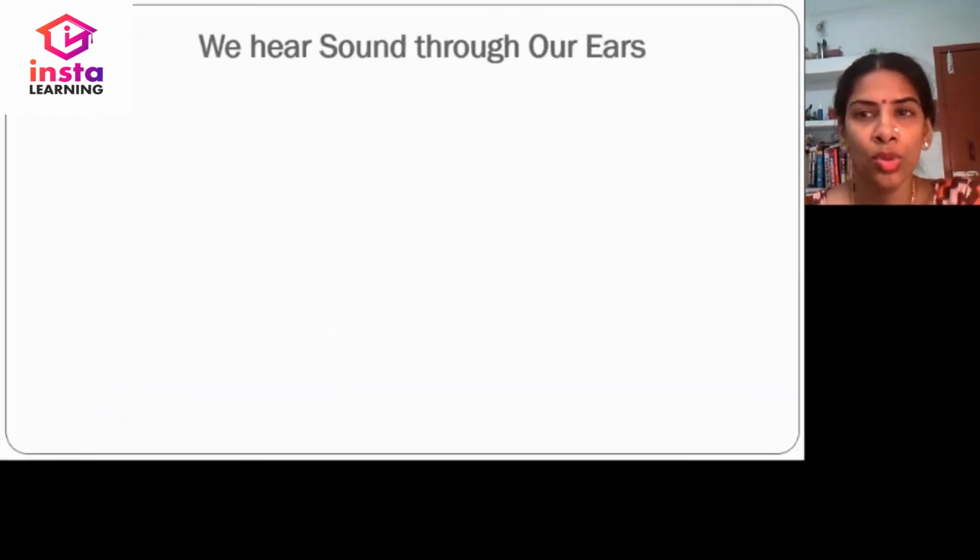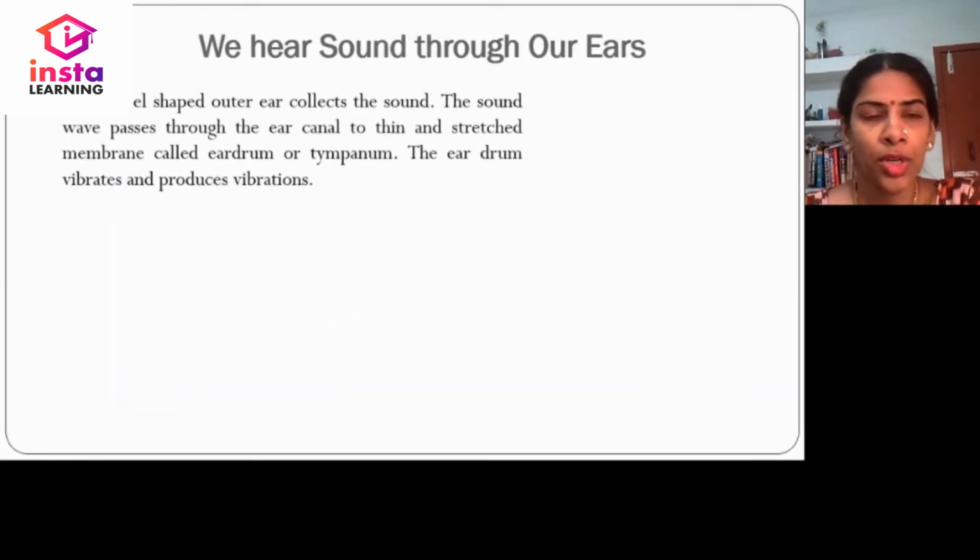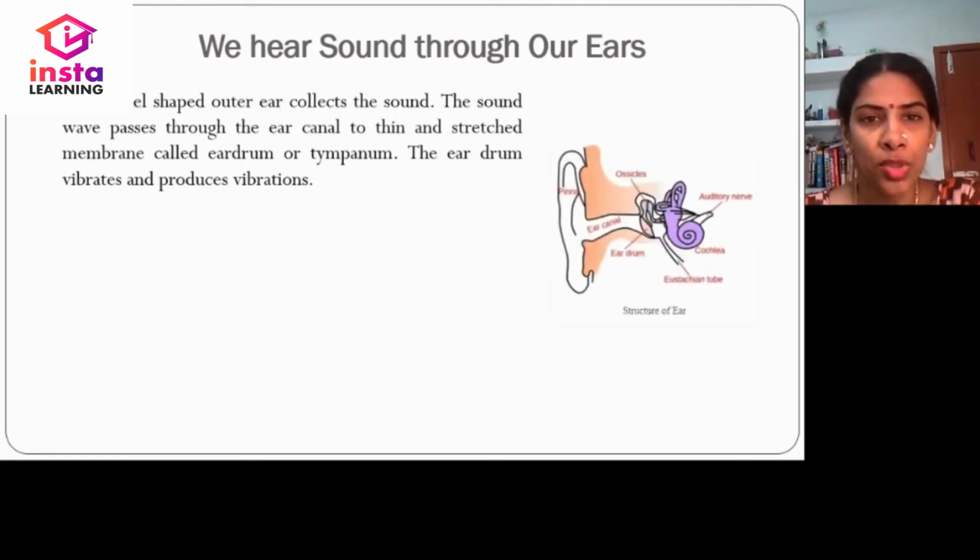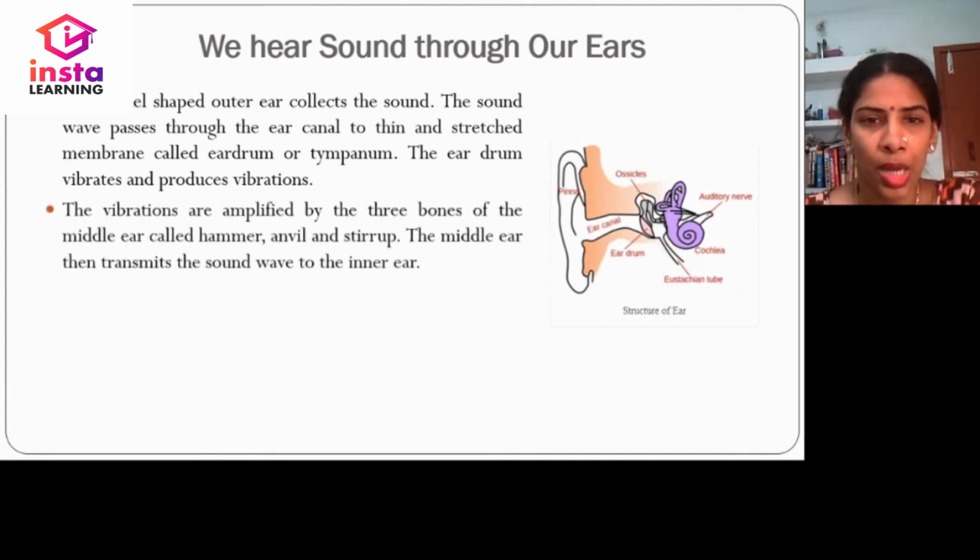We hear sound through our ears. The funnel-shaped outer ear collects the sound. The sound waves pass through the ear canal to a thin stretched membrane called the eardrum or tympanum. The eardrum vibrates. The vibrations are amplified by the three bones of the middle ear called hammer, anvil, and stirrup.